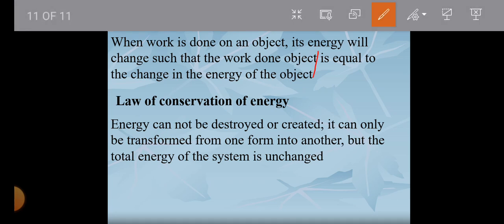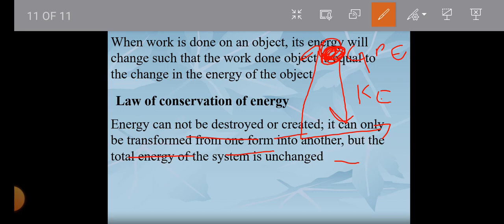Now, let's take an example of a diagram like this. When something has a GPE, the GPE is going to be reduced to kinetic energy. Energy cannot be destroyed or created. It can only be transformed from one form to another, but the total energy of the system is unchanged.